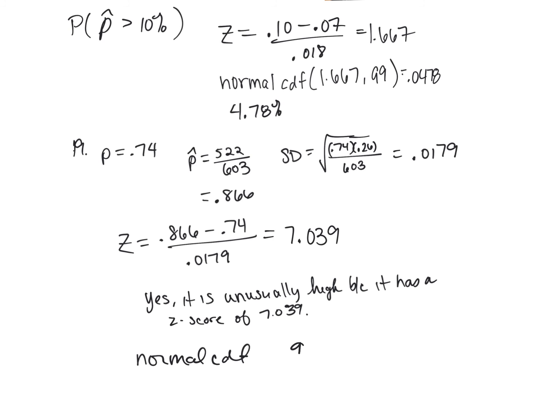When I do the normal CDF, what just happened? I get 9.7379 E negative 13. You have to pay attention. Hold on, let me put a picture of this in here real quick. I want you to see what the calculator looks like.